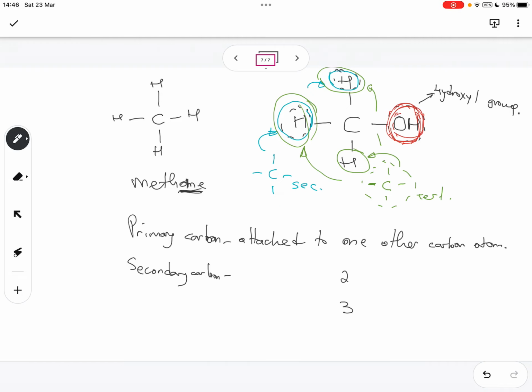For a secondary alcohol, the hydroxyl group is bonded to a secondary carbon atom. When a hydroxyl group is bonded to a tertiary carbon atom, then it is a tertiary alcohol.